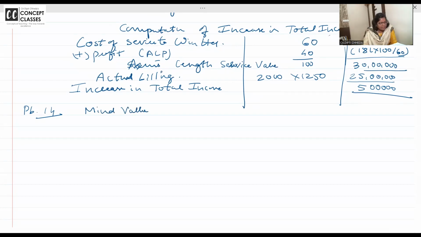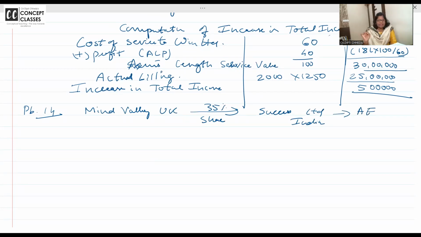Mind Valley UK, they have 30% shares in Success Limited India. So it is an associate enterprise. That is proof done.